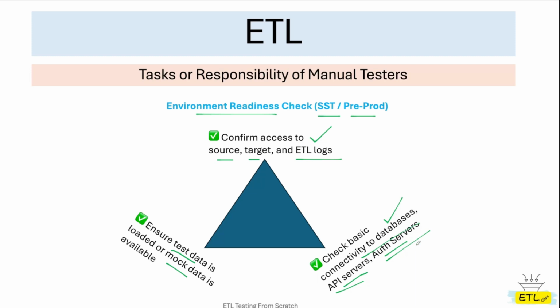Have a look at it. So these are pretty much the tasks and responsibilities of a manual tester. Also an automation tester, but mostly for manual testing. In automation testing, everything happens automatically behind the scenes, or you trigger, you click a button, and everything happens. But the manual testers have to make sure they have all these connectivities and readiness checks.